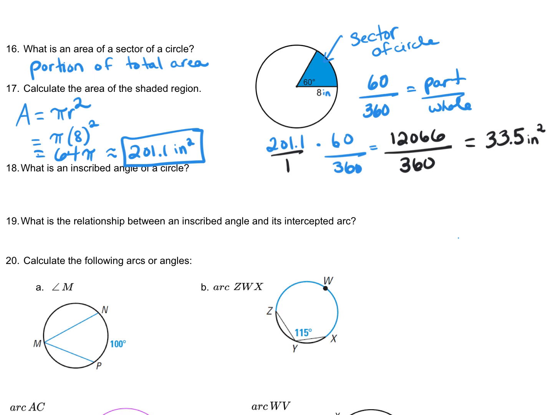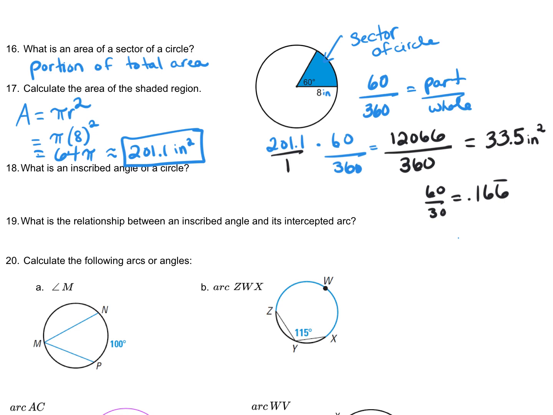That's why in this particular case, when you round that off, you are compromising the accuracy of your answer, because by dividing 12,066 by 360, the calculator's taking it to 8 decimal places.